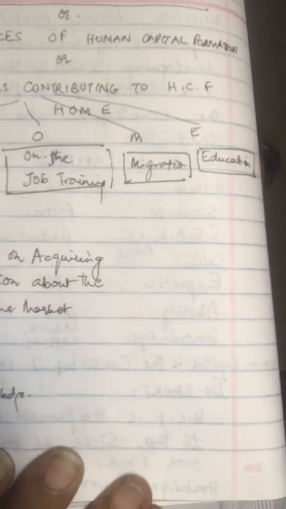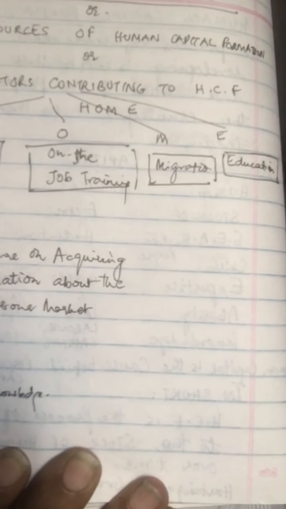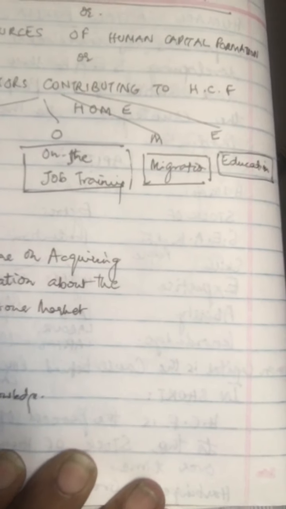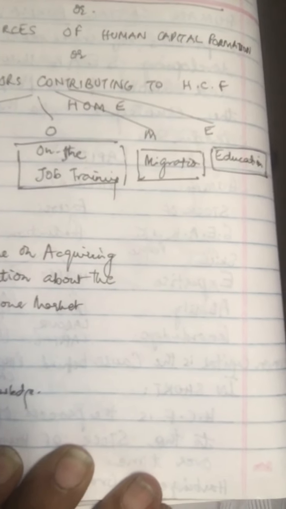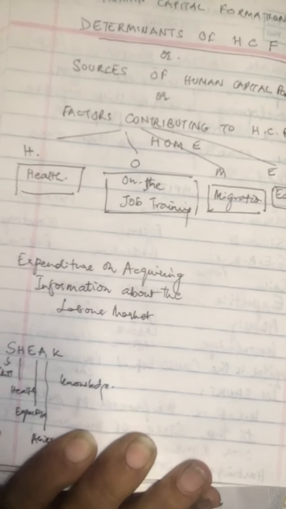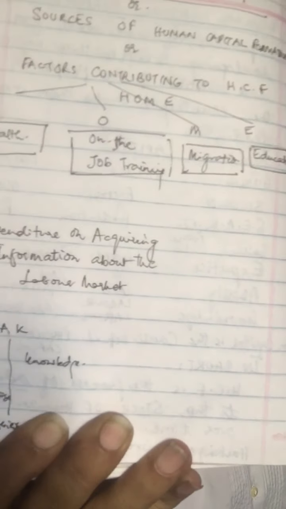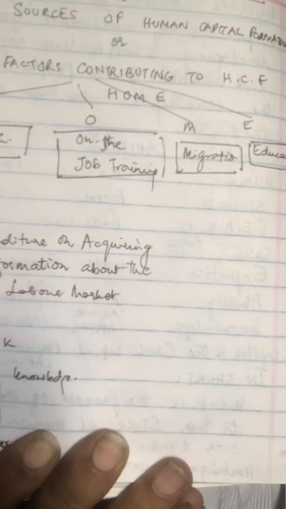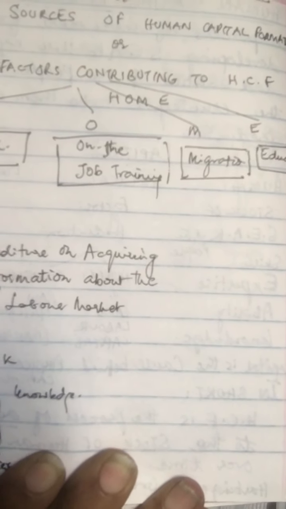So firms are encouraged to undertake on-the-job training programs, because the returns you get from such programs are much more than the cost of such programs. While on a job itself, you're given instructions, and there is interaction on how to improve. So this is another important source or a determinant of human capital formation.